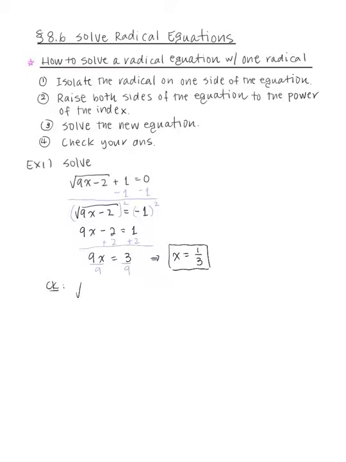So the question is: is the square root of 9 times 1/3 minus 2, plus 1, going to equal 0? This is what we need to be asking. So let's check. 9 times 1/3, that's going to give us 3 minus 2, and then plus 1. And here you're going to have square root of 1 plus 1.